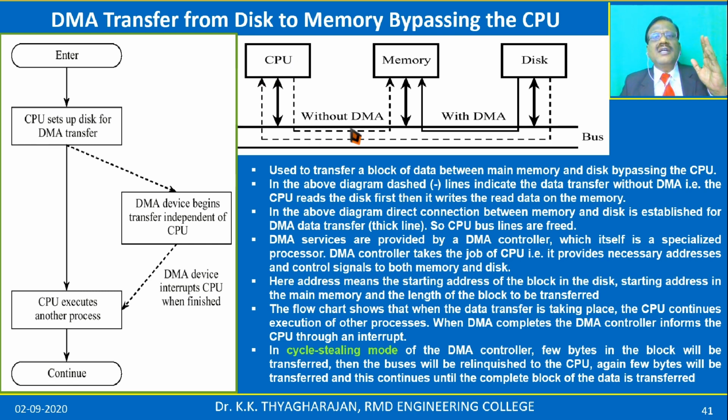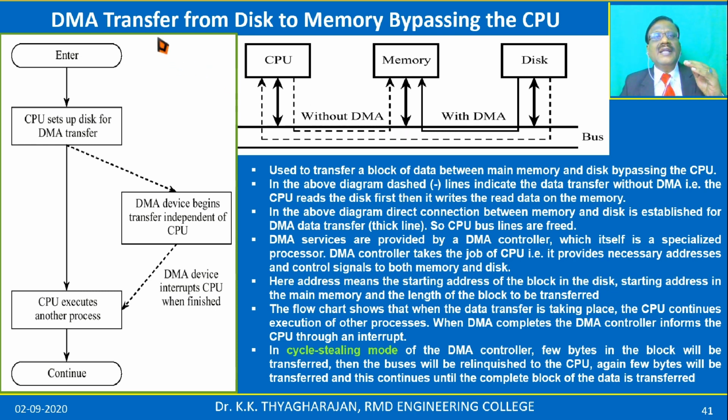Then this data should be written on the main memory, because the CPU may not hold a large amount of data. So the data transfer between disk and main memory is happening through the CPU only. So the CPU time will be wasted by just doing data transfer instead of executing the programs.